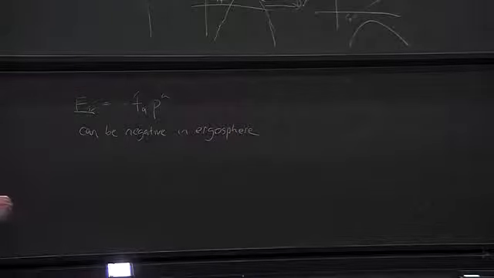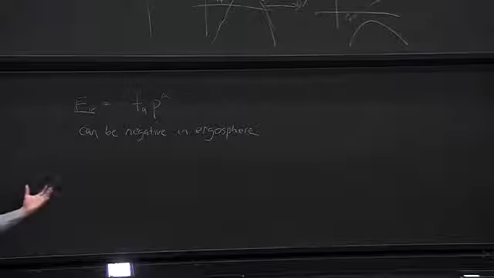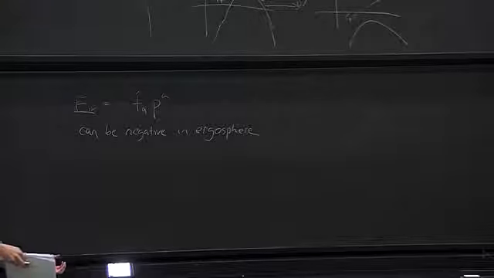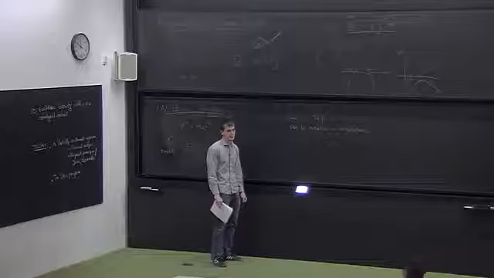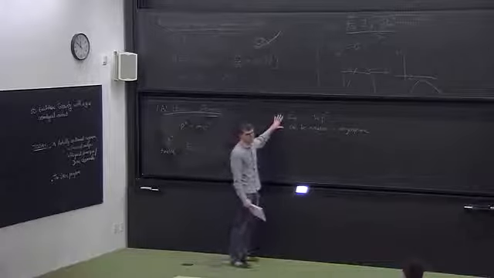Whenever you see that you can have some negative energy, that might lead you to think that we can somehow gain energy out of this system, still conserving energy, by creating some negative energy and then getting some positive energy to balance it out. But we can only do this in the ergosphere.